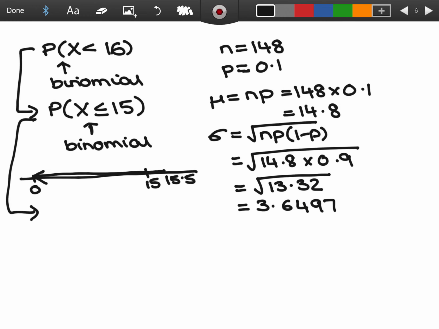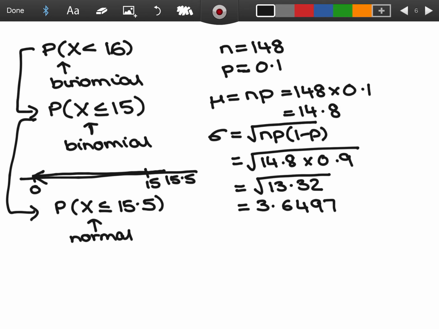Taking this into normal distribution, we have the probability that x is less than or equal to 15.5 in normal distribution.